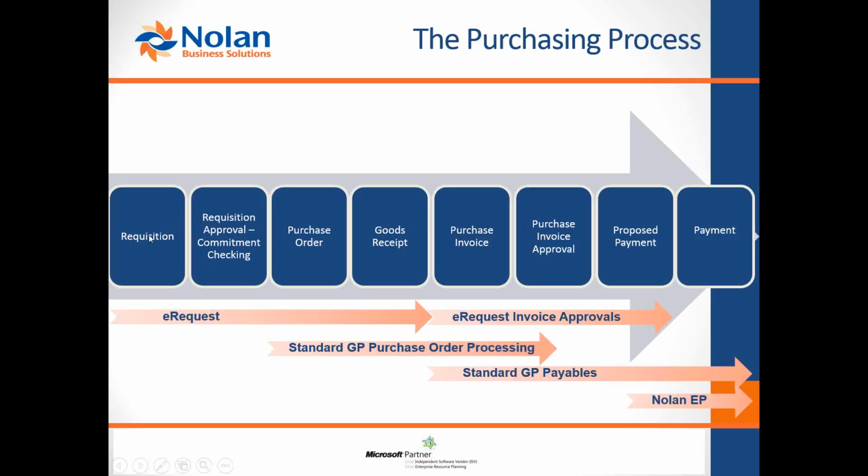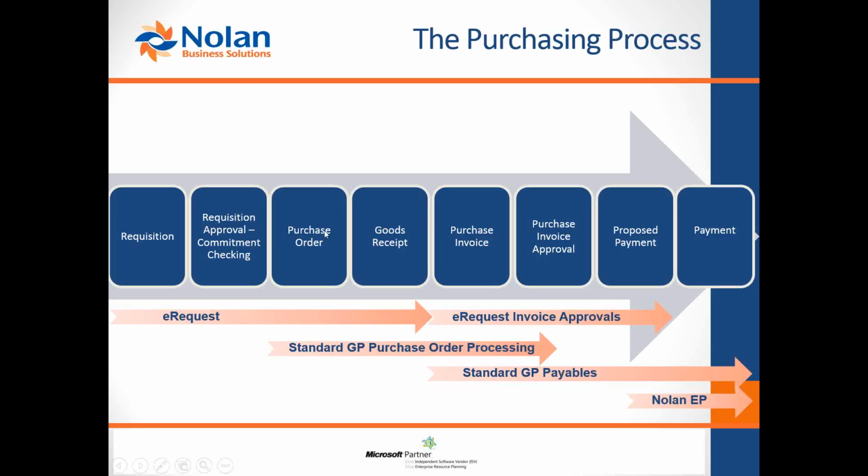So eRequest allows you to place a requisition on the system. It allows you to send that requisition through an approval hierarchy, and that hierarchy can be as many layers deep as you want to put it on. It also does commitment checking, so it checks against your Dynamics budgets to make sure that it's within budget.